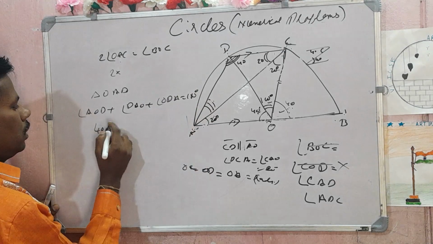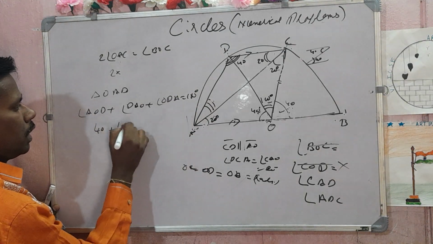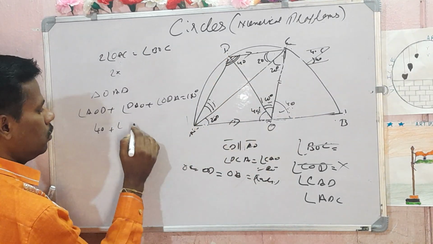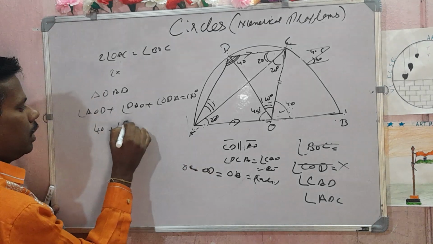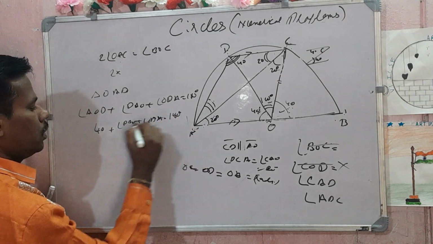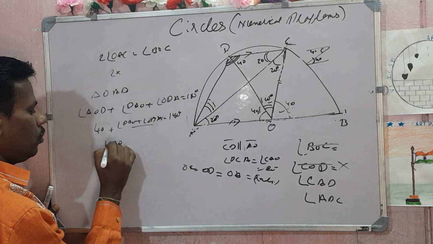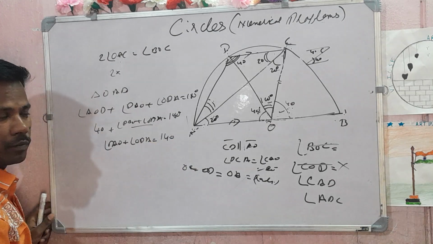AOD is 40 plus angle DAO plus angle ODA is equal to 180 degrees. So transfer this one. So angle DAO plus angle ODA is equal to 140.